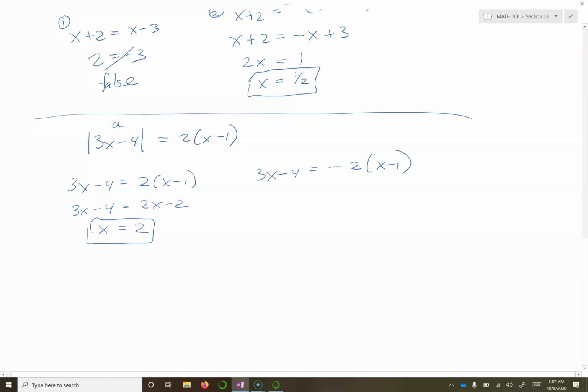Excellent. Moving on over here, we're going to add the 2 on this side, we get 5x, and then add the 4 over here, we get 6. So x is 6/5. Also a solution.